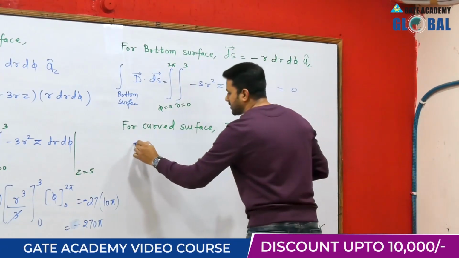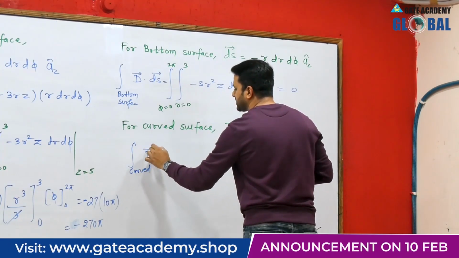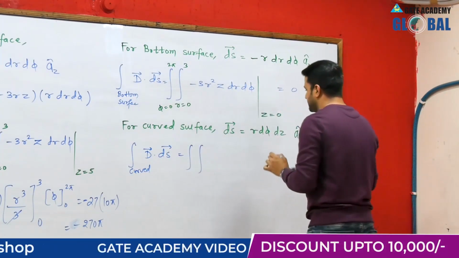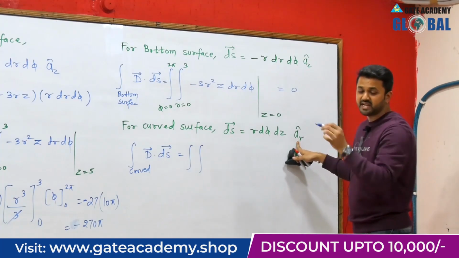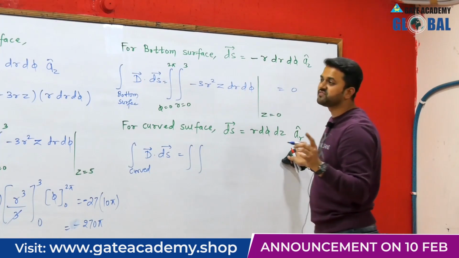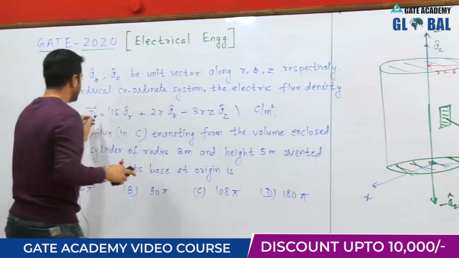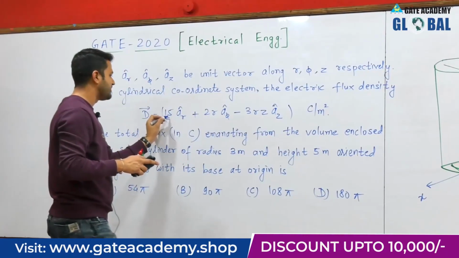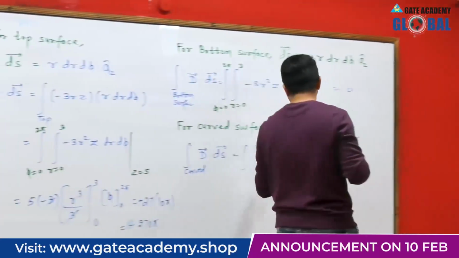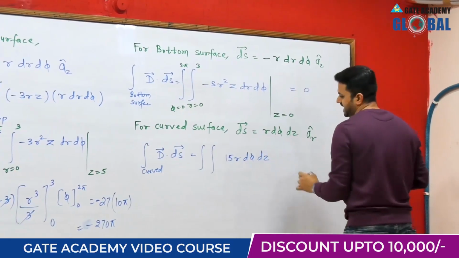Now if we calculate the integration over the curved surface of D dot dS, then it is a double integration. This is the ar, and if I take the dot product with the r component, we are having only the coefficient which is 15. You can see D in the direction of r has the coefficient 15 only. So if you take the dot product D dot dS, then it would be 15r d phi dz.